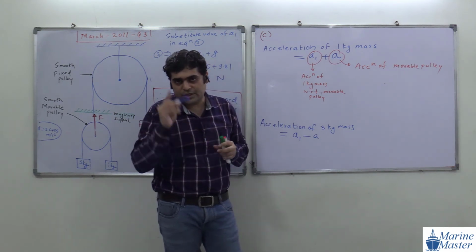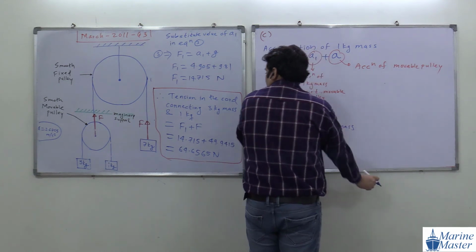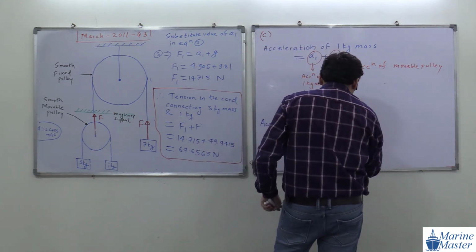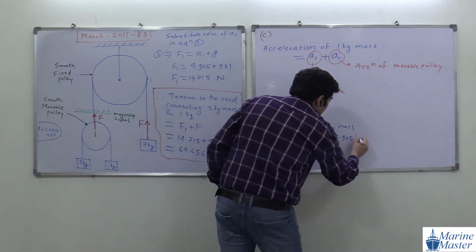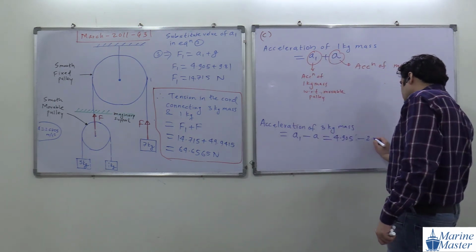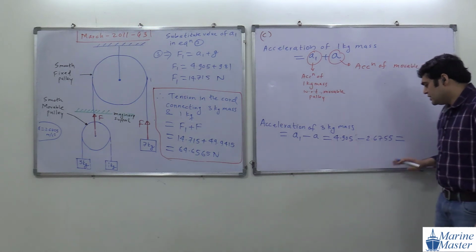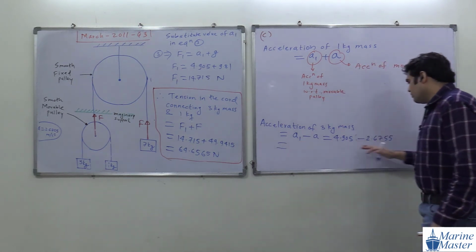Try to see the scenario here. Okay, so what is the value of A1? 4.905 minus, what is the value of A? 2.6755. So please everyone do the calculation and we will get the acceleration of the 3 kg mass in this way. 4.905.